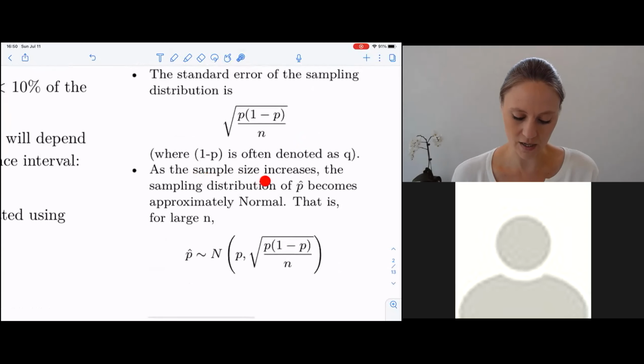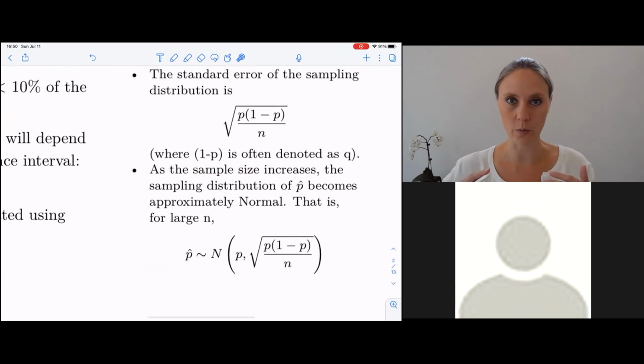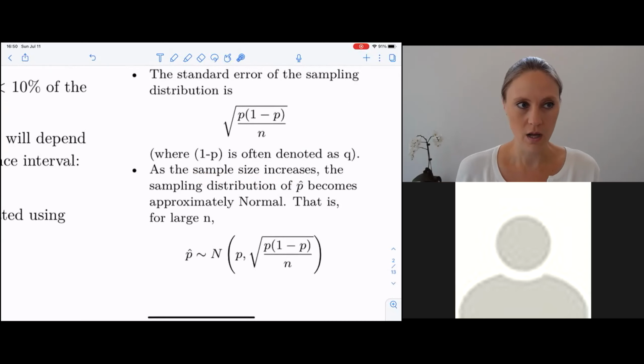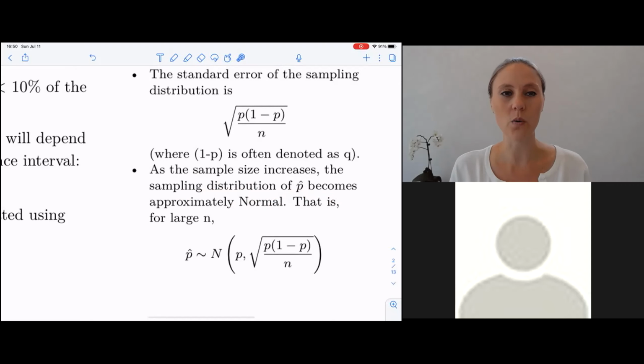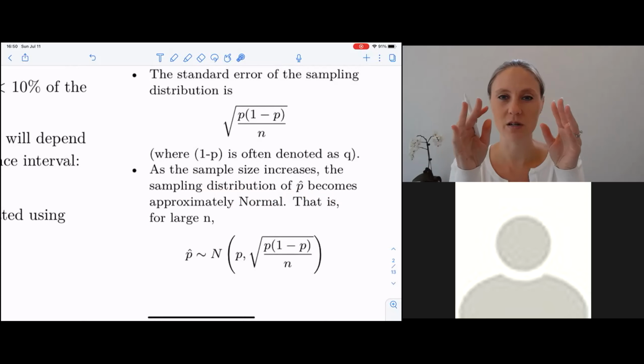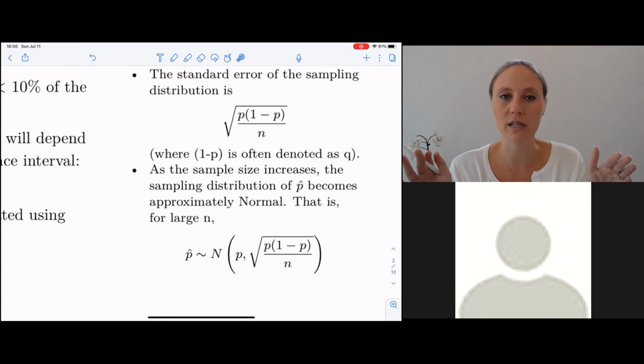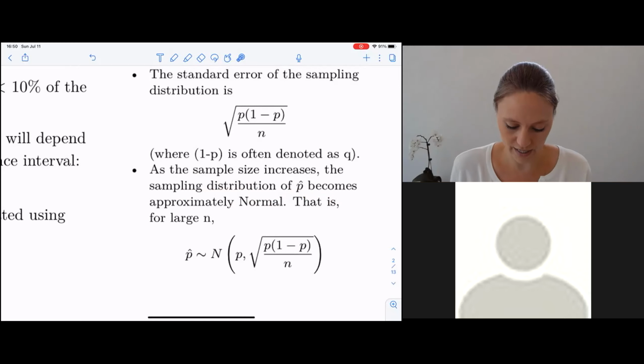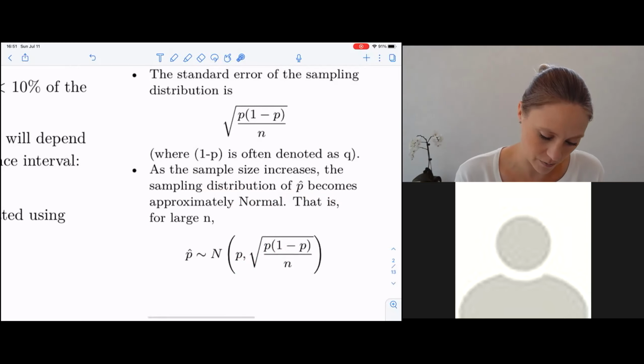Then as the sample size increases, so we need a large enough sample, the sampling distribution of p hat becomes approximately normal, right? We get these sample proportions and they start to fill out and look like a normal distribution centered on p with a standard error, which happens to be the root of p times 1 minus p over n, where p is the population proportion.